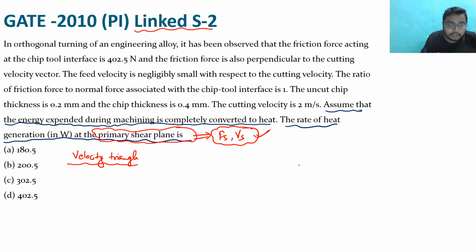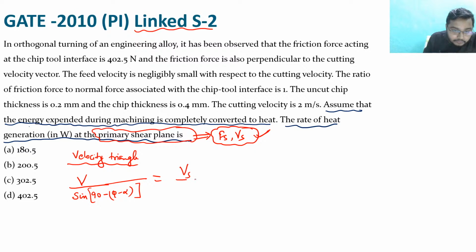From the velocity triangle, I can write a relation as V by sine of 90 minus phi plus alpha, this is equal to Vs by sine of 90 minus alpha.